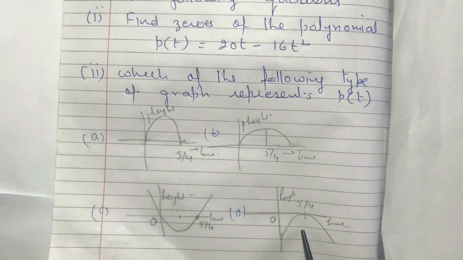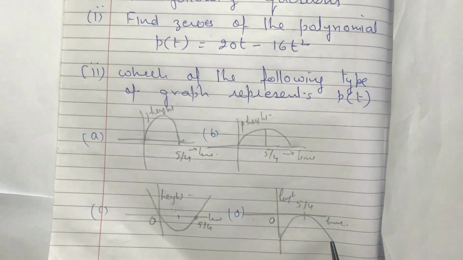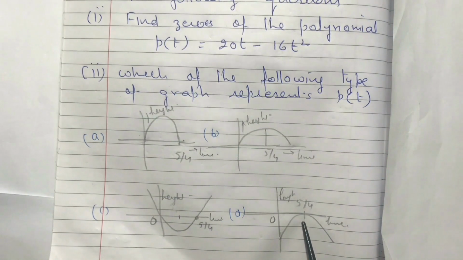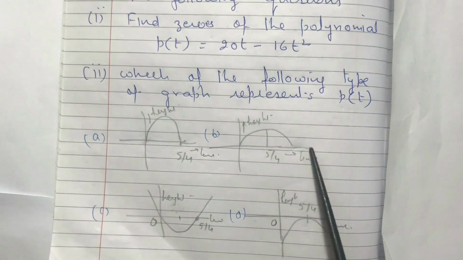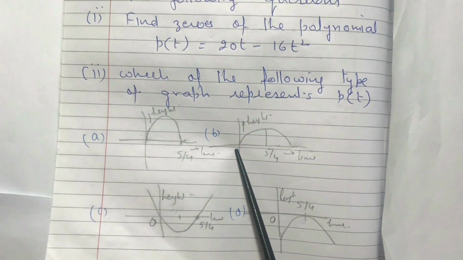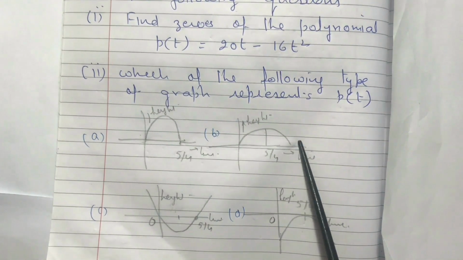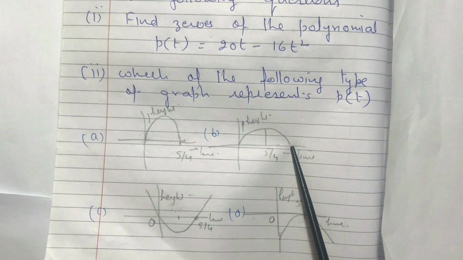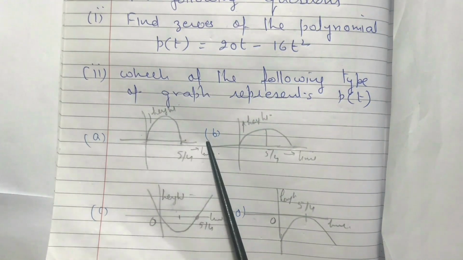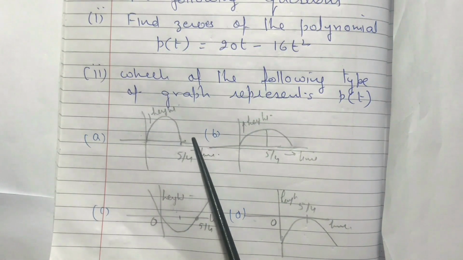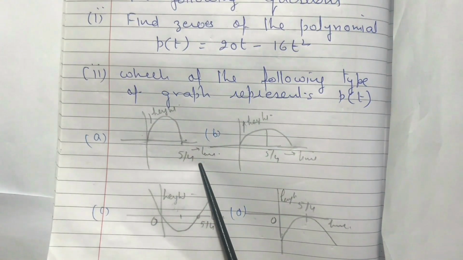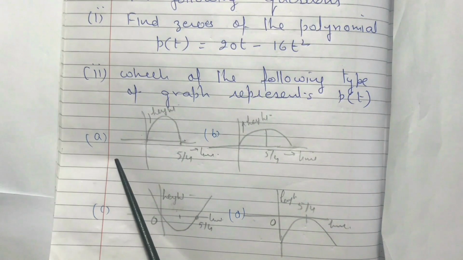But here this graph intersects the x-axis at one point. And here it intersects the x-axis at 2 points. Here it intersects the x-axis at 2 points, one is 0 where x is 0, and the other where x is 5/4. So this is the right answer. So A is the right answer.